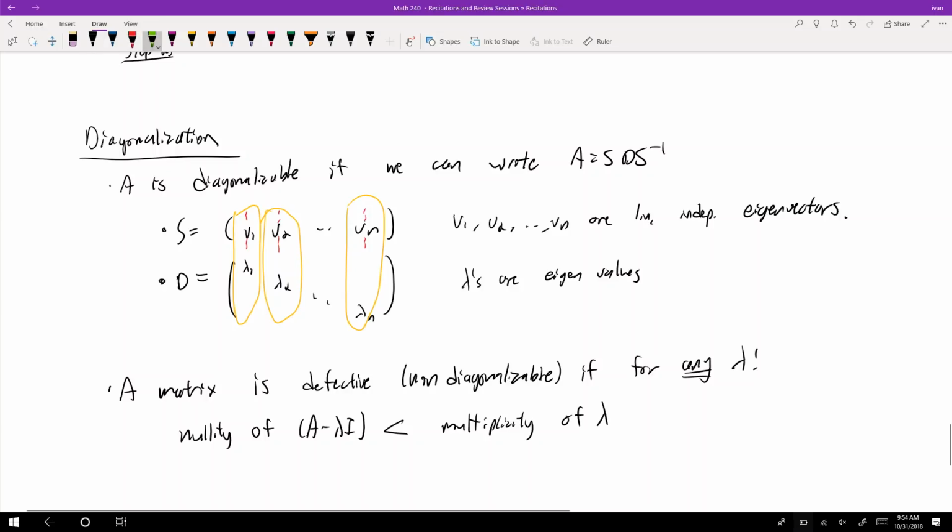And again, multiplicity is just how many times this lambda shows up.